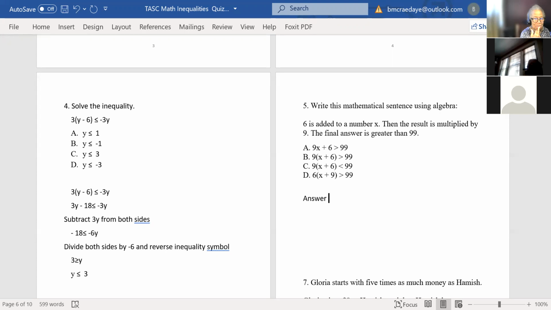Added to a number x, 6 is added, then that whole result now is multiplied by 9. And what you get is greater than 99.